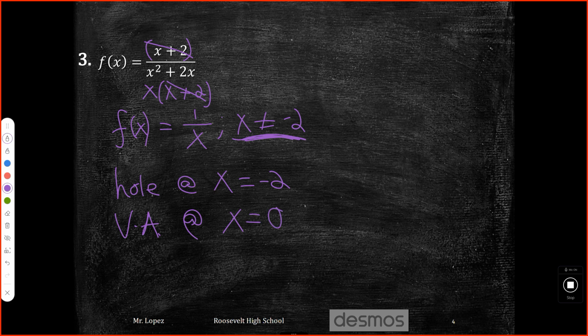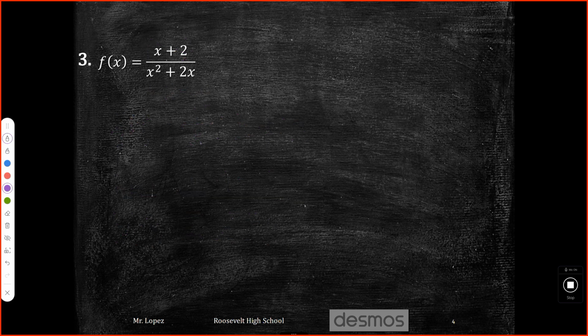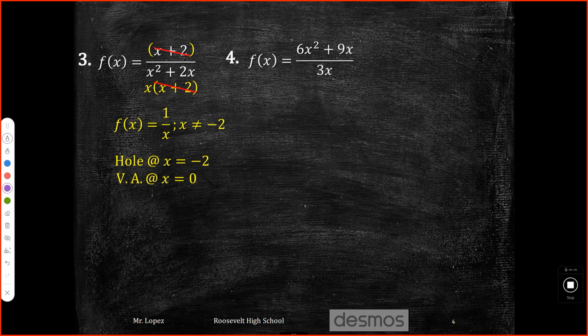Okay, this is removable because holes are removable. This is not removable. Factor out what? 3x here. Then we got 2x plus 3. We can cancel out 3x here.